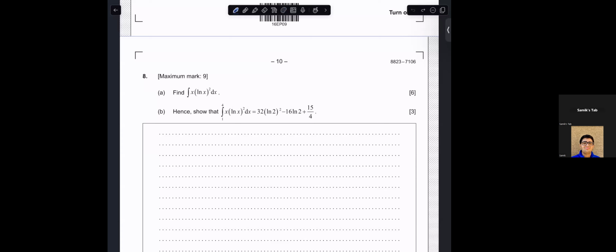From the way they wrote the question, you can see that we have to use a way of integration called integration by parts.